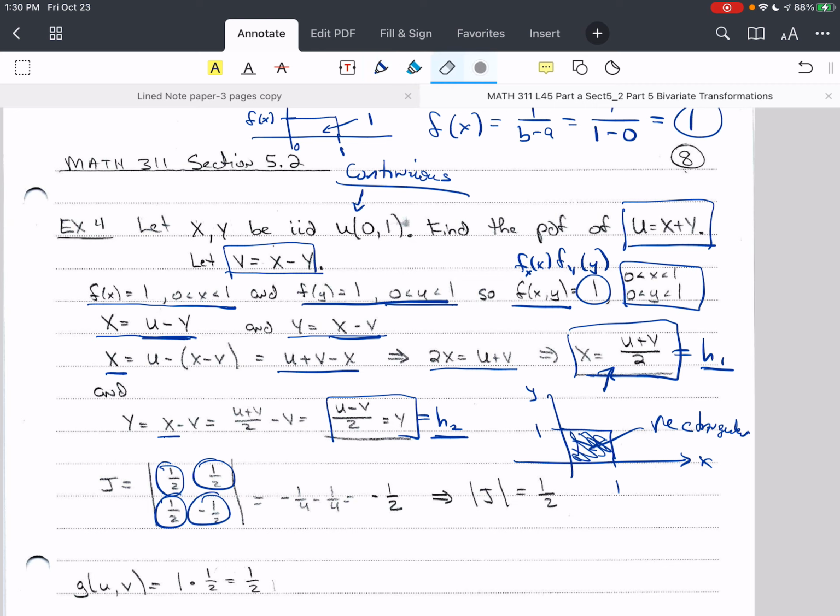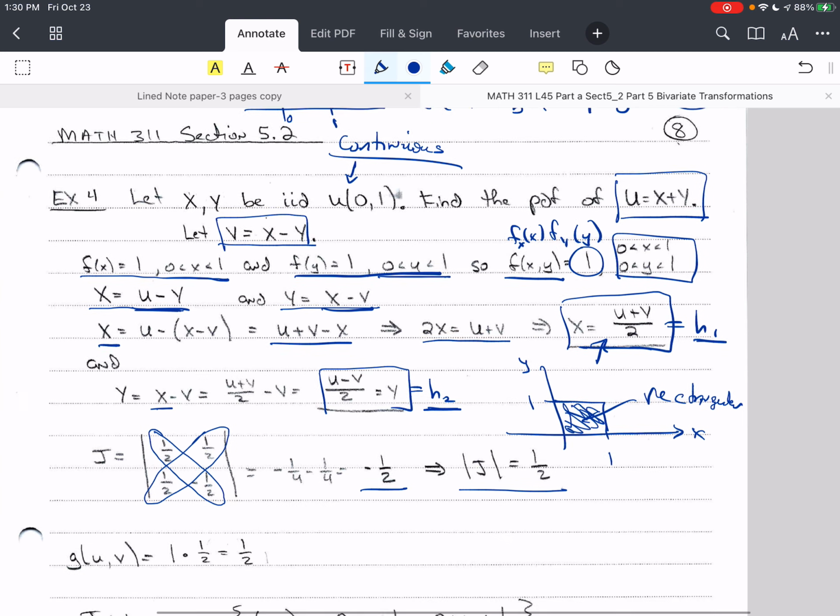So again, I'm going to find the determinant of this matrix, which is the Jacobian. I take the product of those two elements in one diagonal minus the product of the two elements in the other diagonal, and I end up with negative 1/4 minus 1/4, which is negative 1/2. So the absolute value of j is simply positive 1/2.